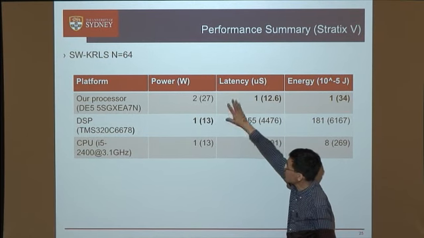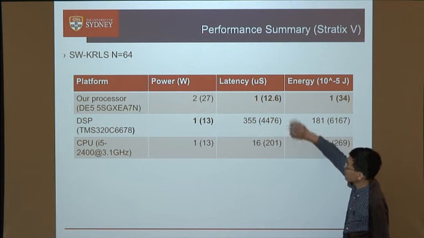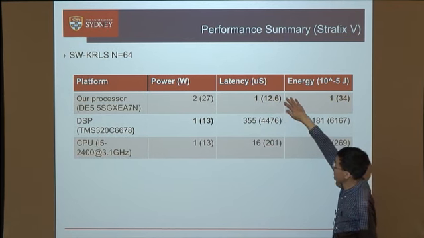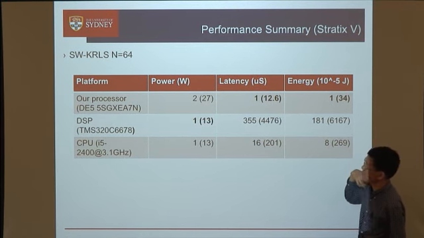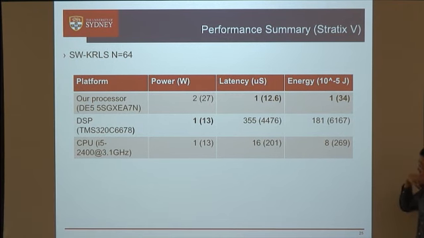In terms of power consumption, they're actually comparable. However, we could get the result in 1 microsecond versus, say, 16 microseconds for a 2.4 gigahertz CPU single core. And that gives us an advantage in energy of about 8 times.